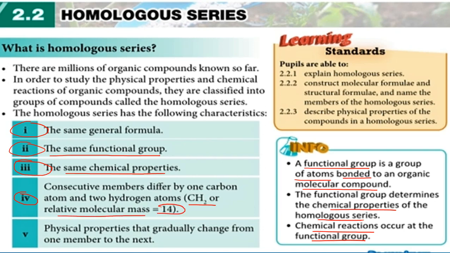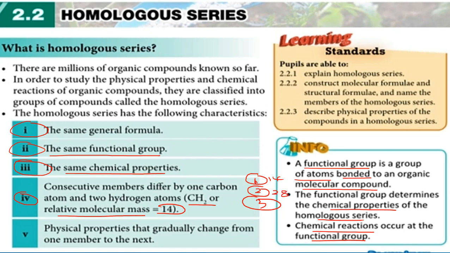So maksudnya every member in the homologous series, for example we have the first member, the second member and the third member, beza di antara member pertama dan member kedua ini adalah CH2, satu carbon atom, dua hydrogen atom, ataupun dia punya relative molecular mass berbeza, gap dia 14. For example, here 14, di sini dia punya RMM sudah 28.